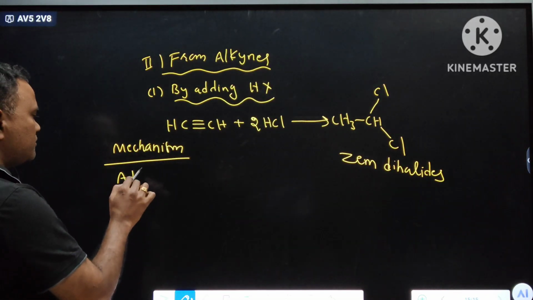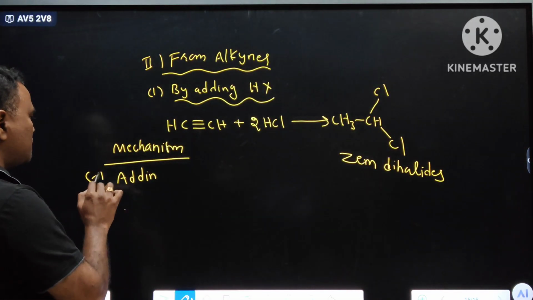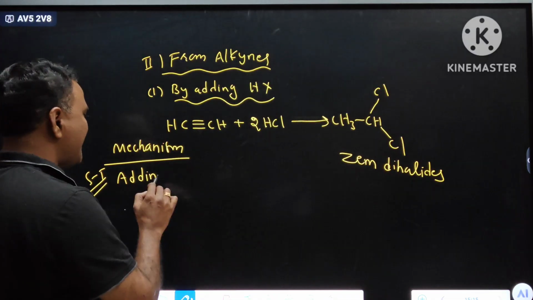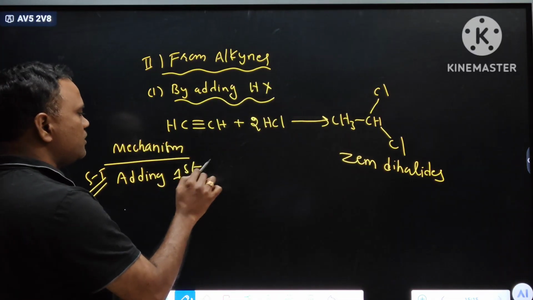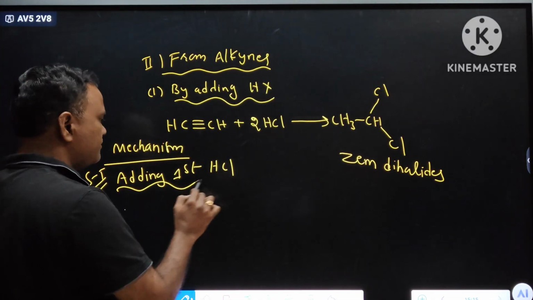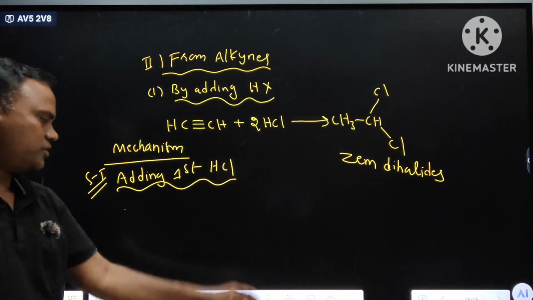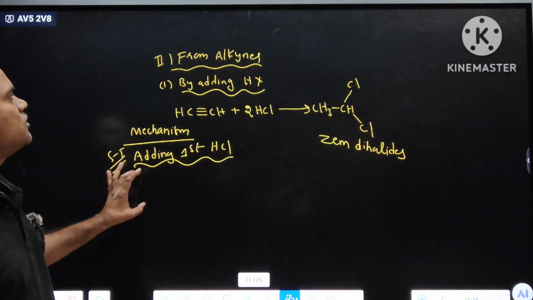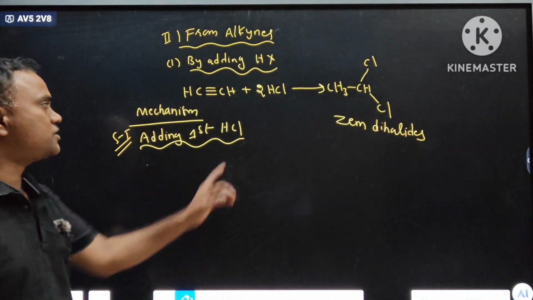In the mechanism, let us take step 1, adding first HCl. We took 2 HCls, right? So let us add first HCl.